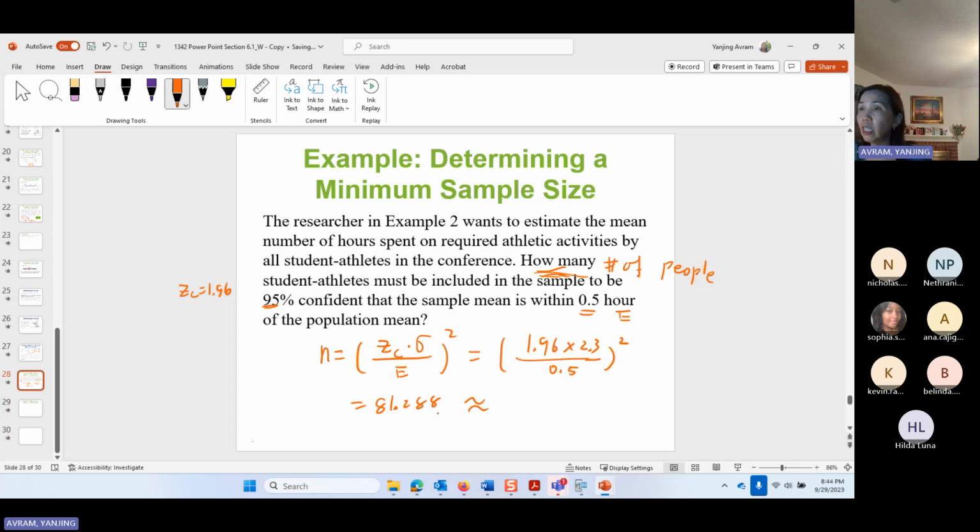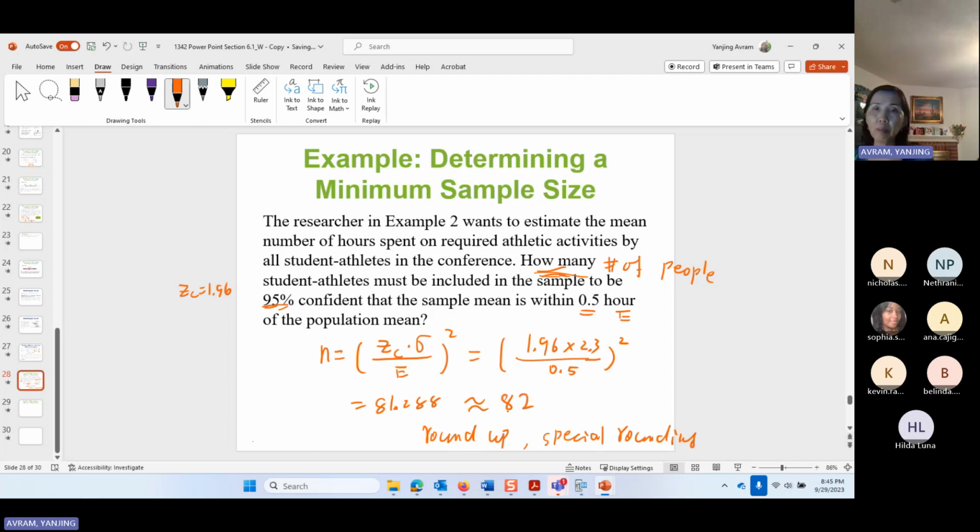In order to get enough sample size, we always need to round up. If you don't get exactly 80 or 81 or 82, and you have anything after the decimal point, you always round up. This is called special rounding. What does special rounding mean? Always round up. So instead of 81.2 something, I need to round to 82.